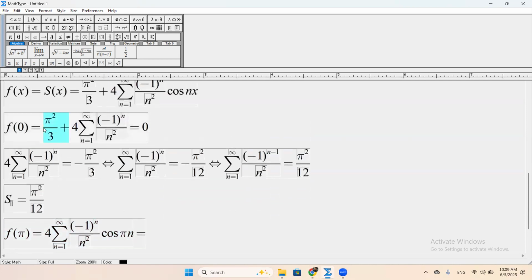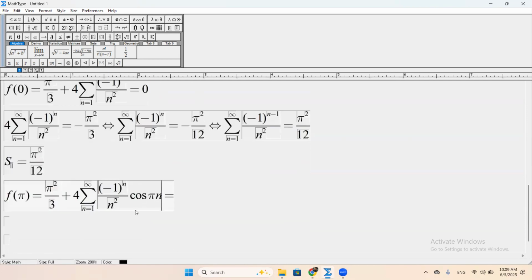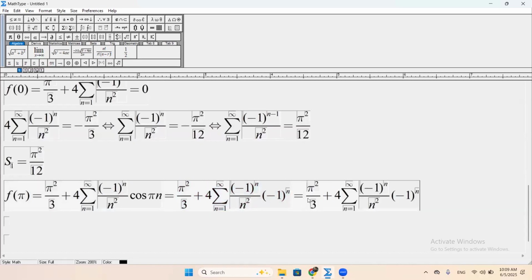I lost this part, sorry. So then cosine of Pn equals minus 1 in power of n. I will write everything in details here, just not to lose anything.